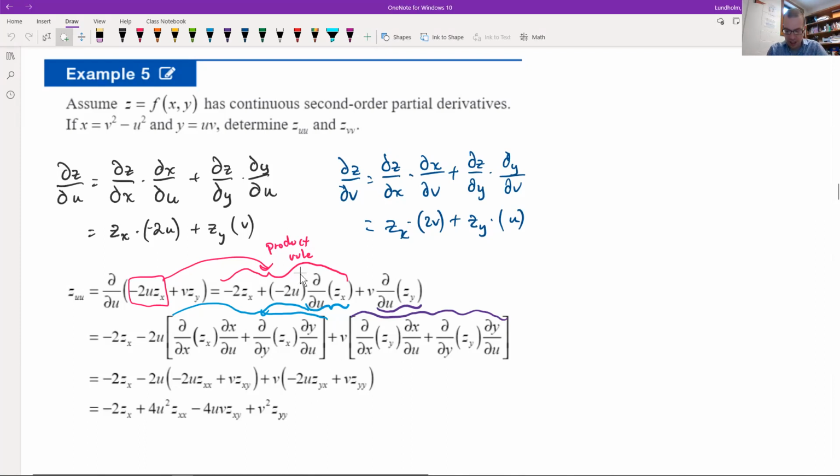Each one of the blue one and the purple one, those are multivariable chain rules. And after that, it is kind of tidying up. Here we have partial x for z. Here we've got partial x partial y, so that's why that one's here.